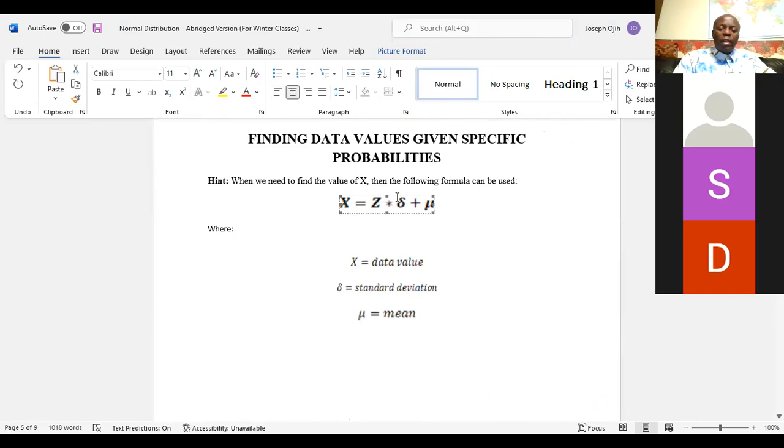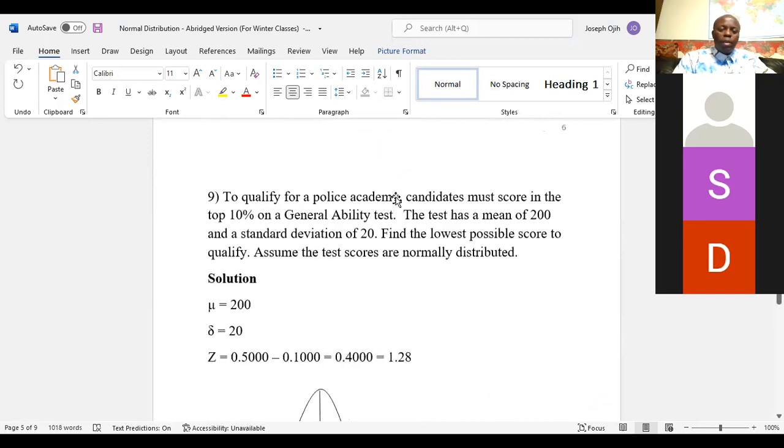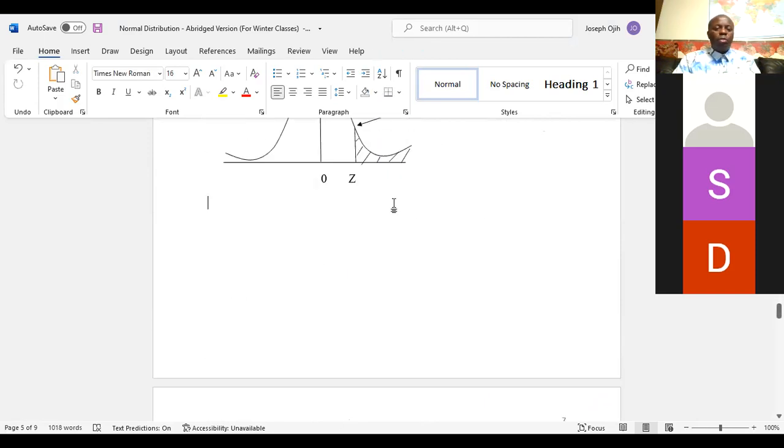Pasting it here, we can now get the lowest possible score to qualify for this academy, which is given by the formula.